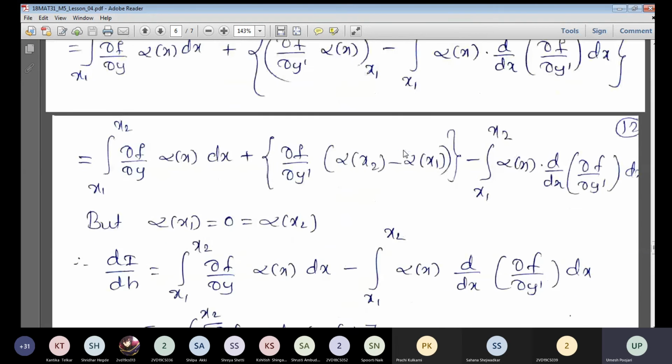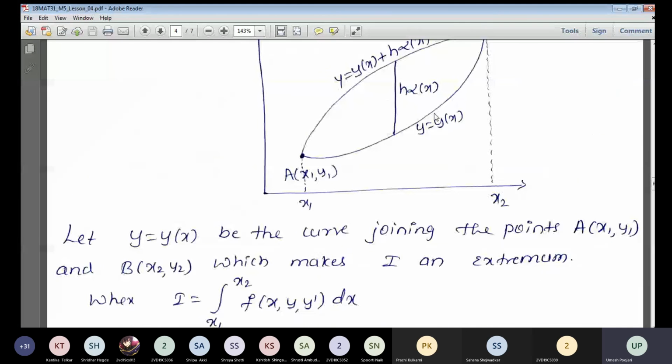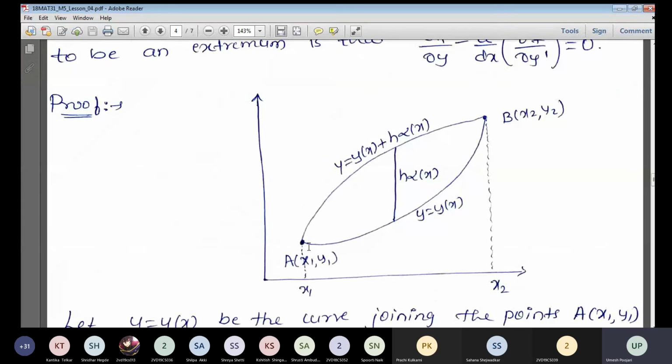So in brief, what we did: initially we considered one curve y of x connecting two points A and B, correct, y equal to y of x. Then we considered one more curve near to this original curve, at distance h into alpha of x. The new curve is y of x plus h into alpha of x.